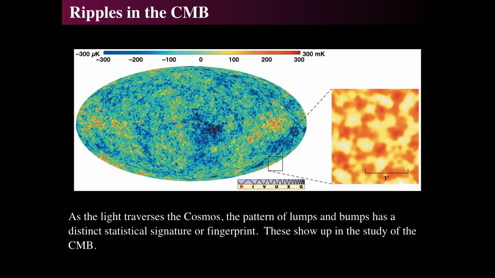And as we saw in the previous slide, these lumps and bumps get changed from the original last scattering surface appearance by the intervening dark matter and normal matter, because sometimes the normal matter interacts, scattering light through an electron, off that hot gas. But that actually can be measured statistically.